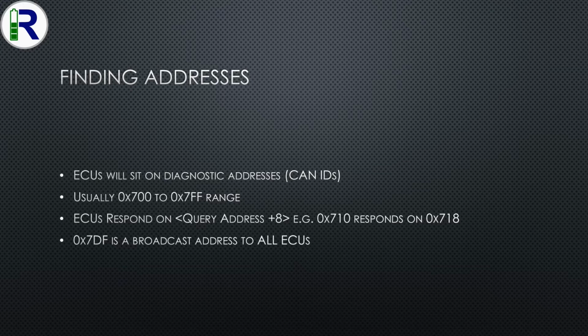And when you query an ECU, they will respond on the query address +8. So if you've sent something to 710, it will reply on 718. And there's also a unique address, 7DF, and that is a broadcast address for all the ECUs. So you can ask every single ECU to respond to this query.